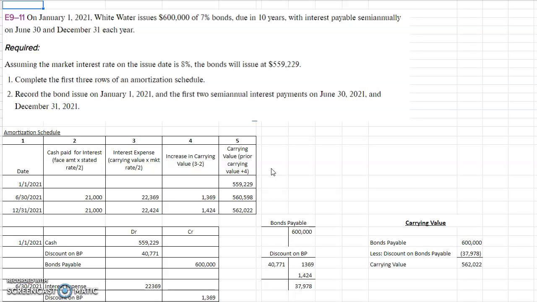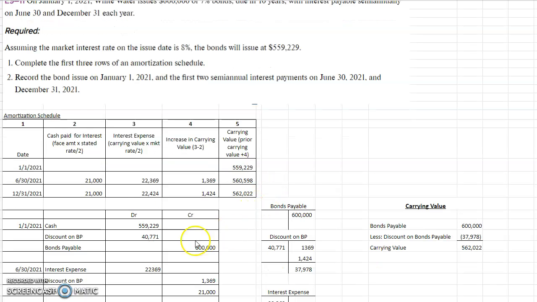Okay, the first entry is going to be to record the bonds. They're selling the bonds for $559,229. That's the cash that the company receives. Bonds payable is the face amount of the bond, $600,000. That's what the company is going to pay the investors at the end of the bond period, which in this case is 10 years.